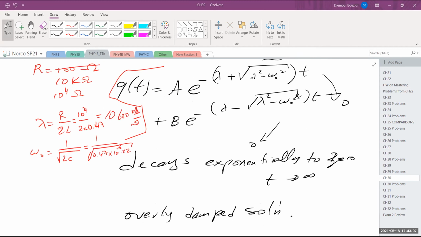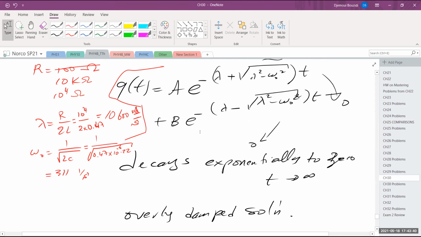So you have 1 over square root of, open parentheses, 0.47 times 22 times 10 to the negative 6. It's going to be a big number, but it should not be as big. So it's giving me 311, basically, 1 over seconds, also the same unit. Obviously, in this case, lambda is bigger by a huge factor than this number.